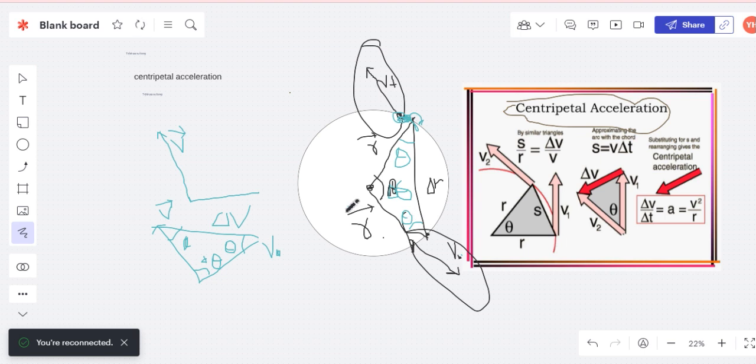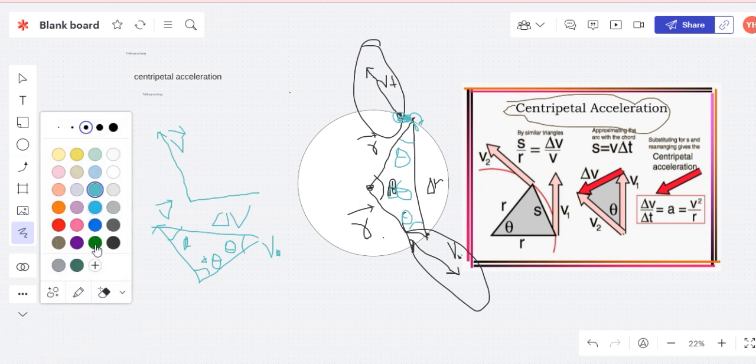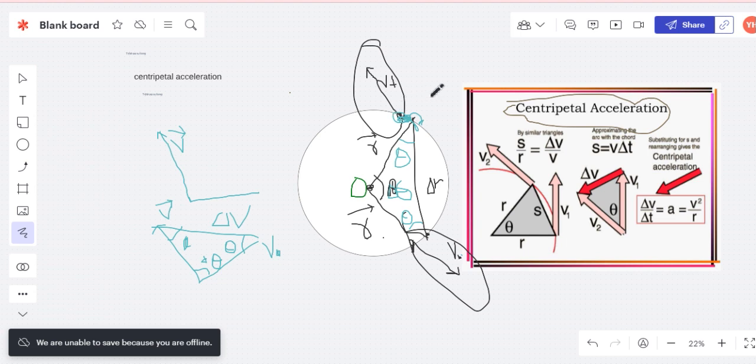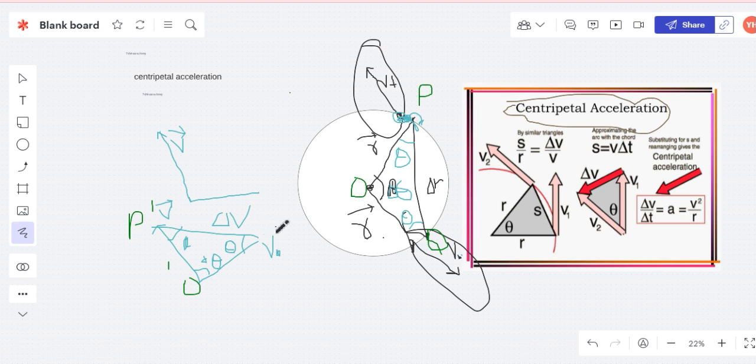Since the theta is the same, I can call this triangle, let's take a new color in dark color, for example, O P Q, and this triangle is O dash P dash Q dash. So the triangles are equal, which means triangle OPQ is equal to triangle O dash P dash Q dash.